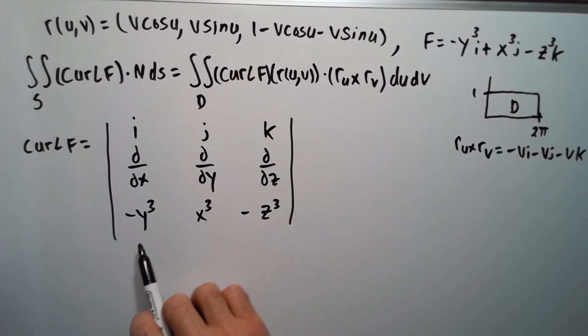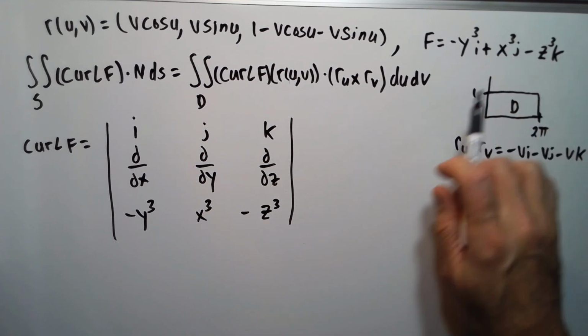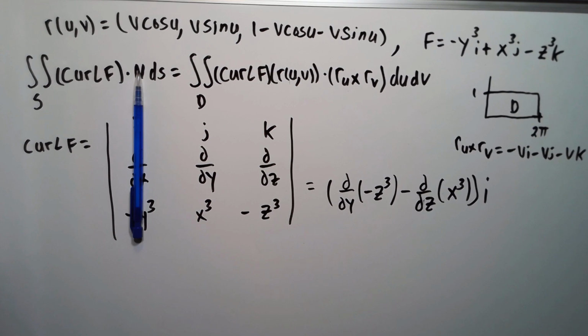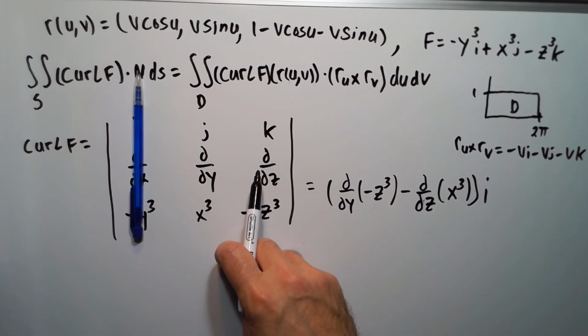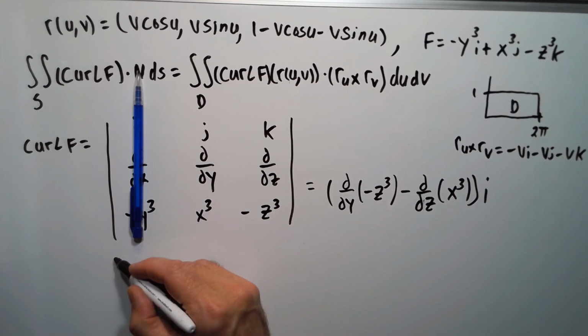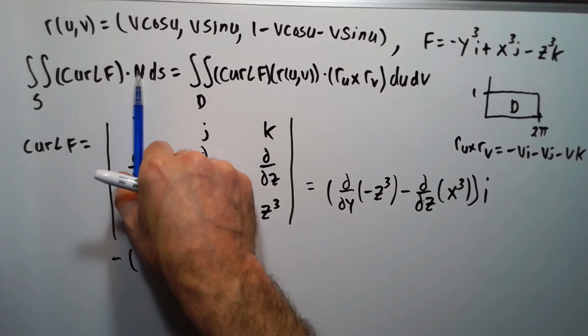It's negative y cubed, x cubed, minus z cubed. Okay, so let's start doing this. Doing the i component would be the partial y operator acting on negative z cubed, which I have here, minus the partial z operator acting on x cubed, which I have here. We'll come back to that in a second. And then it'll be minus, doing the j one now.